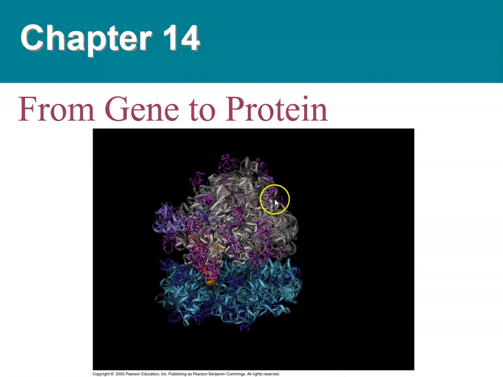So it's pretty complex. The smaller subunit, the bottom part that's more in this teal and blue color, is made of 20 proteins and also ribosomal RNA. So it has quaternary structure of a protein.